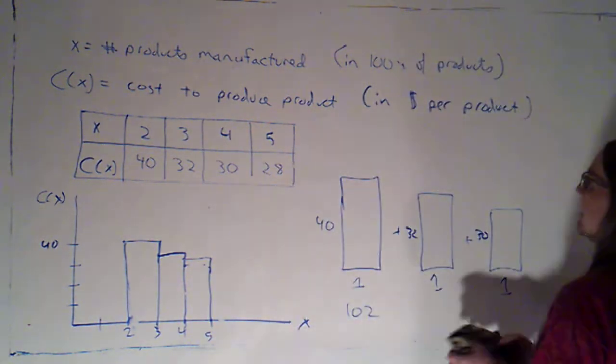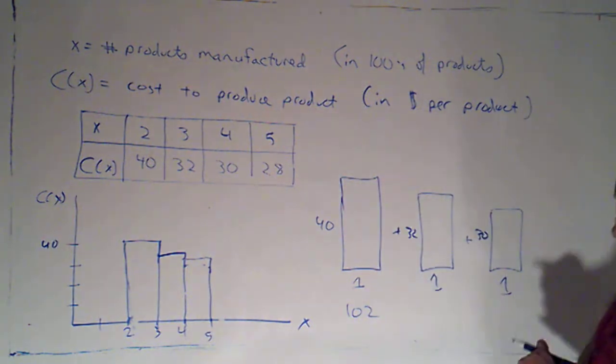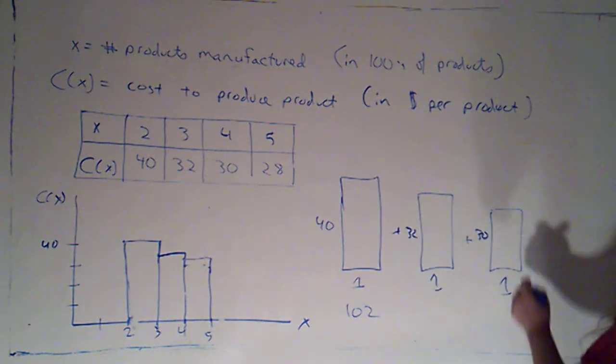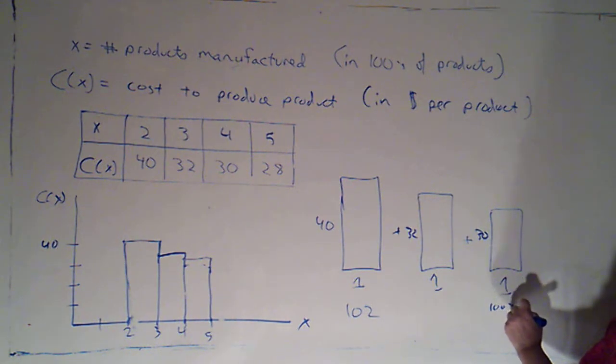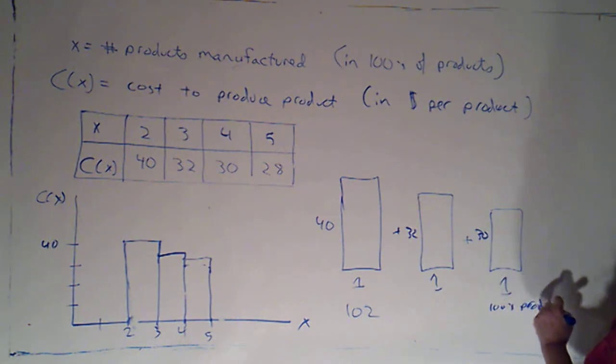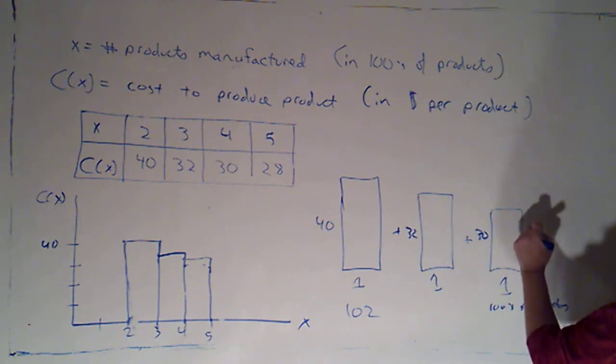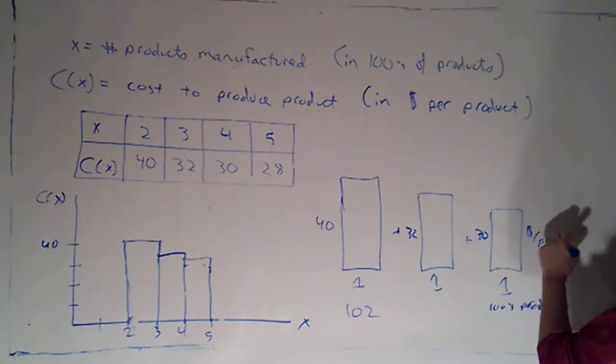I'm going to follow my own advice and think about what the units are. For each rectangle, the base was hundreds of products, and the height was dollars per product.